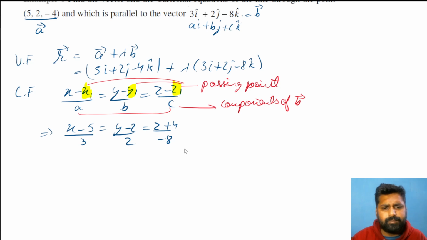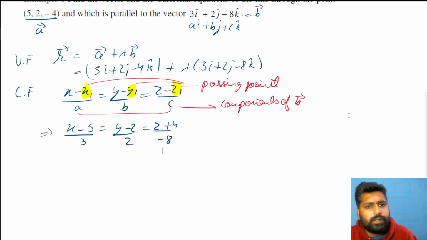That's it. Okay. X minus passing point, y minus passing point, z minus passing point upon components of B vector, A, B, C basically. All right.